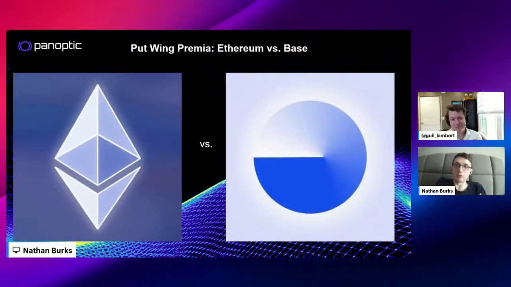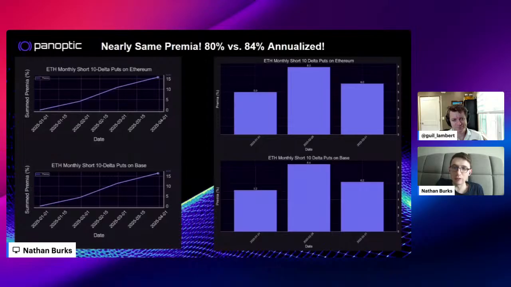As I said, it's really just about how these properties translate and digging into why. To start off, we see that you get incrementally higher premia by selling 10 delta put wings on Base versus Ethereum, but not by much.